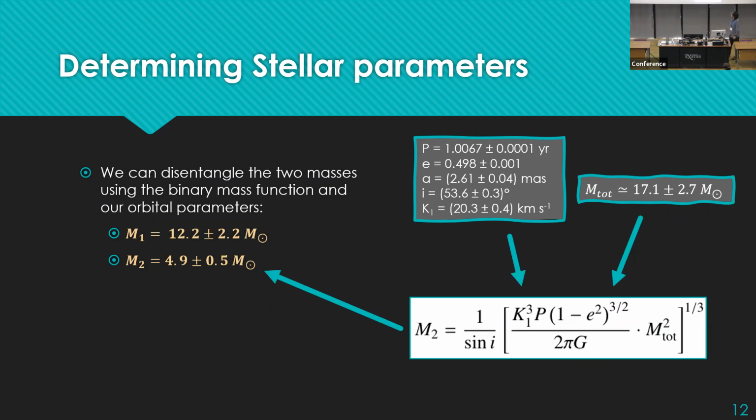The primary star is quite massive, 12 solar masses, with a secondary at 5 solar masses. I must say the uncertainties on these are relatively large, larger than you would probably expect with such an orbit. That's almost entirely from the distance uncertainties propagating through. So if we get a better distance, we can constrain this even better.